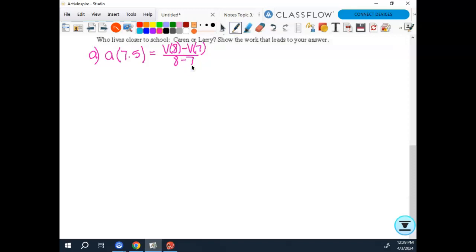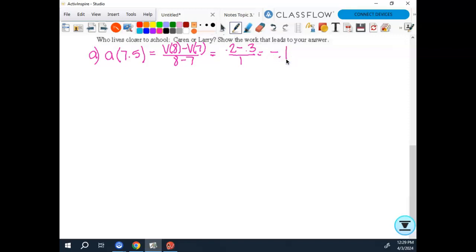Acceleration is the rate of change of velocity. And then what is v of 8? 0.2 minus v of 7, which is 0.3, and 8 minus 7 is 1. So this just gives me negative 0.1.